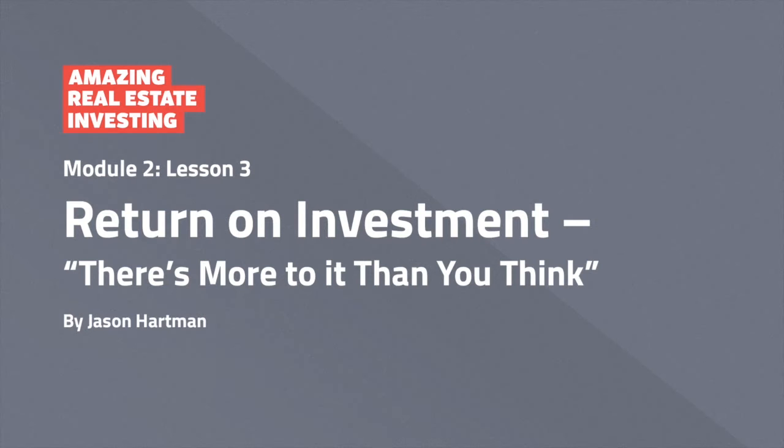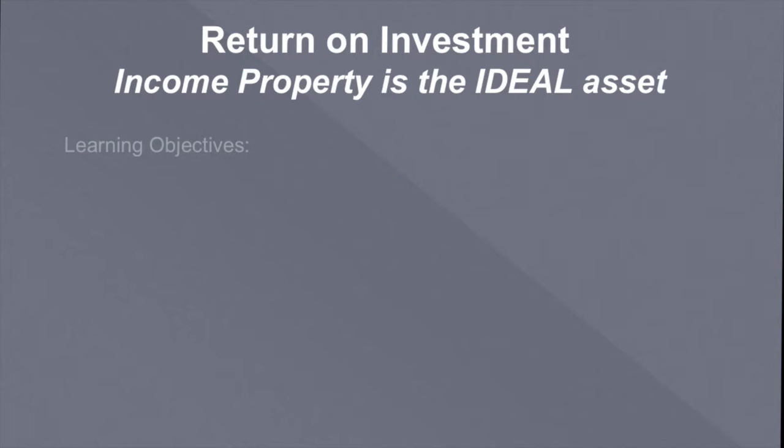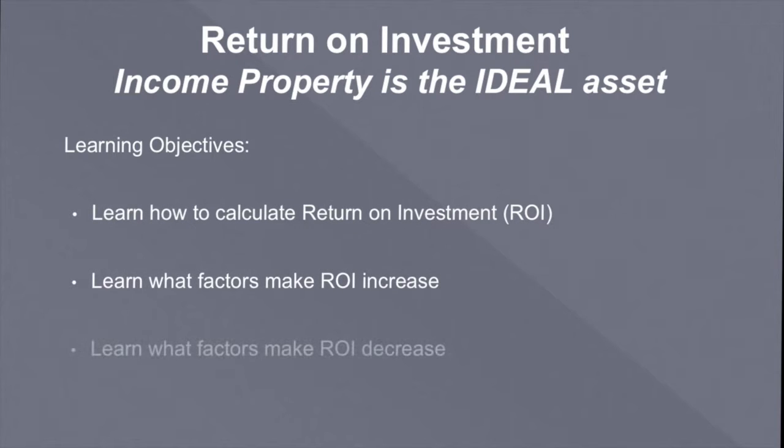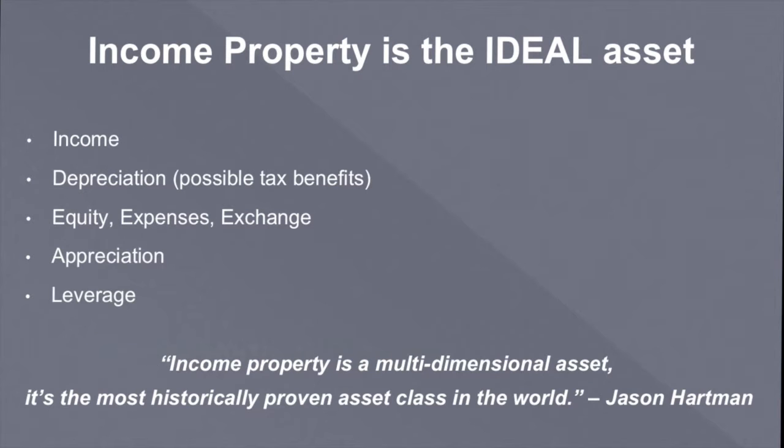So let's dive into this today, and let's look at how income property is a multi-dimensional asset class. We're going to learn how to calculate ROI, what factors make it increase and decrease, as we talk about in many lessons. And ideal, when it comes to income property, is really an acronym.